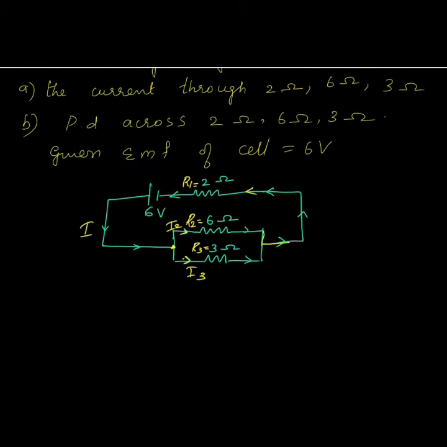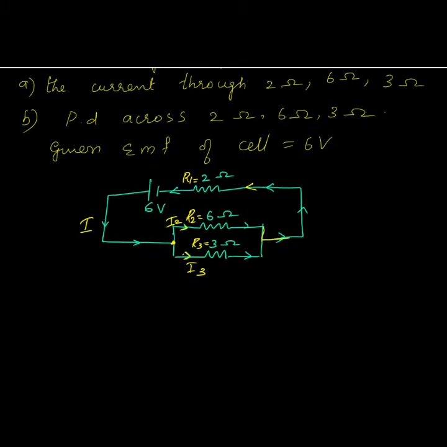Okay, now let us find out how to find the current passing through all these resistors. So first thing what you have to do is analyze the resistors given in the circuit. See which all of them are parallel and which all of them are in series. Okay, so when you look at this circuit, you could see that R2 and R3 are parallel.